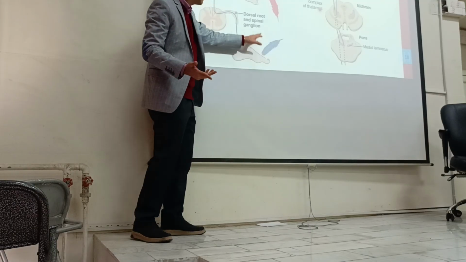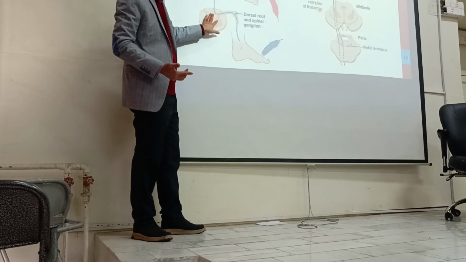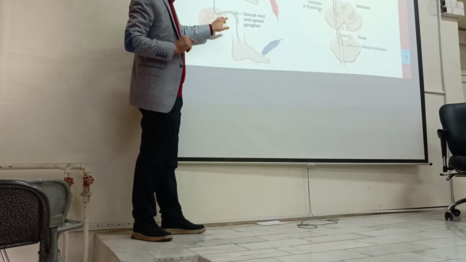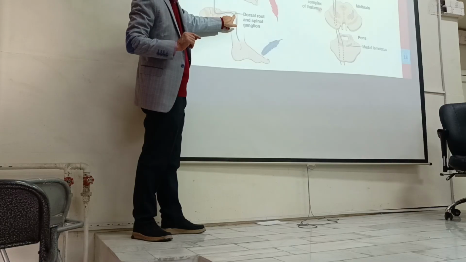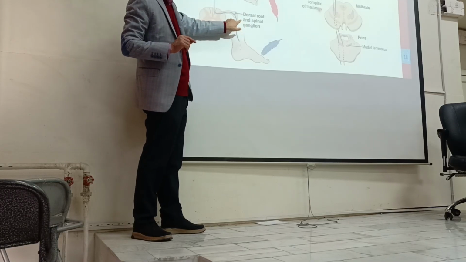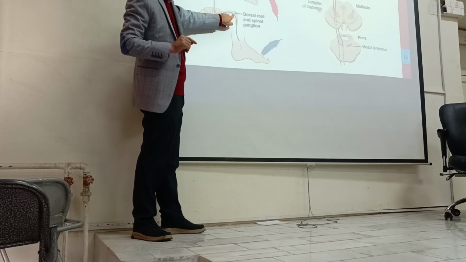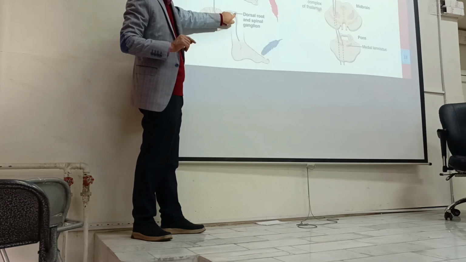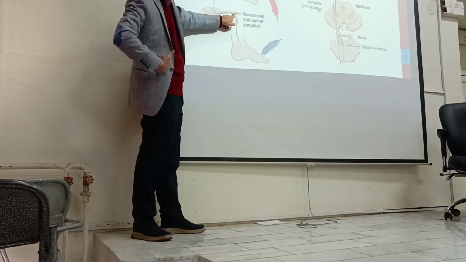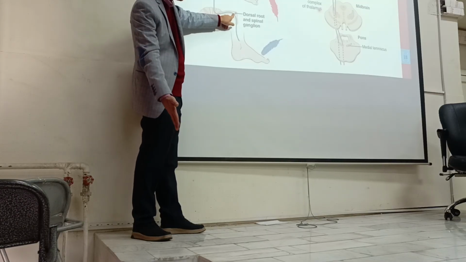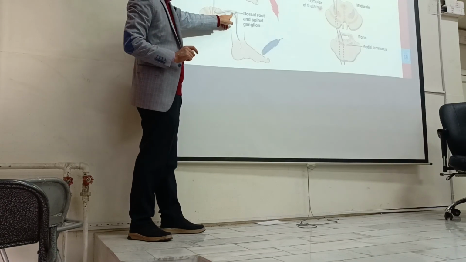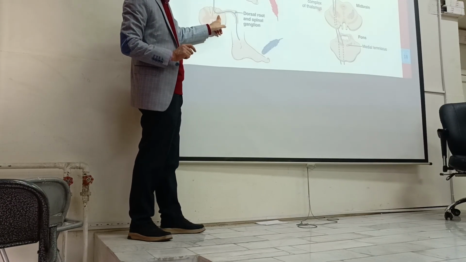And one more thing: the cell body of this receptor is located in the dorsal root ganglion. So we have a cell here in the dorsal root ganglion. It has two branches. One long branch that goes to the toes, and one smaller branch that goes to the spinal cord.